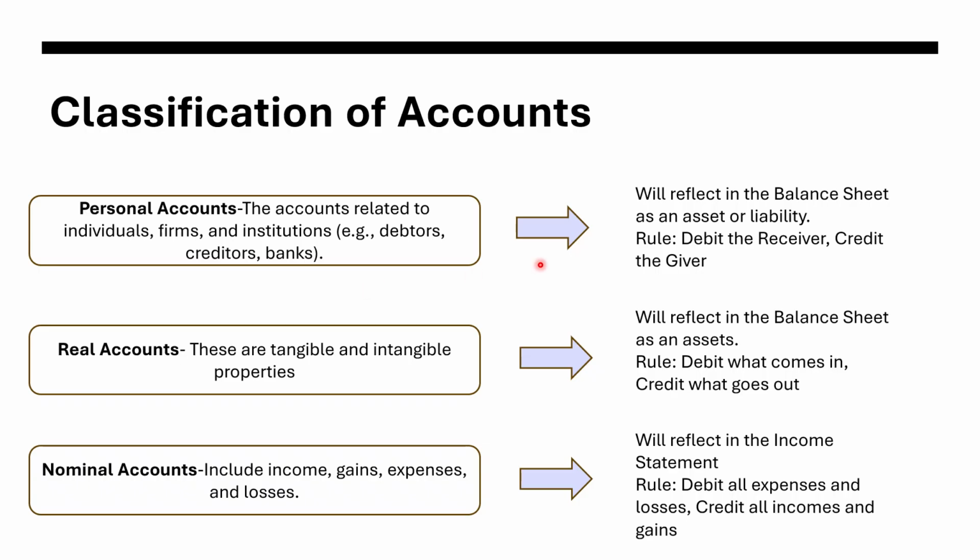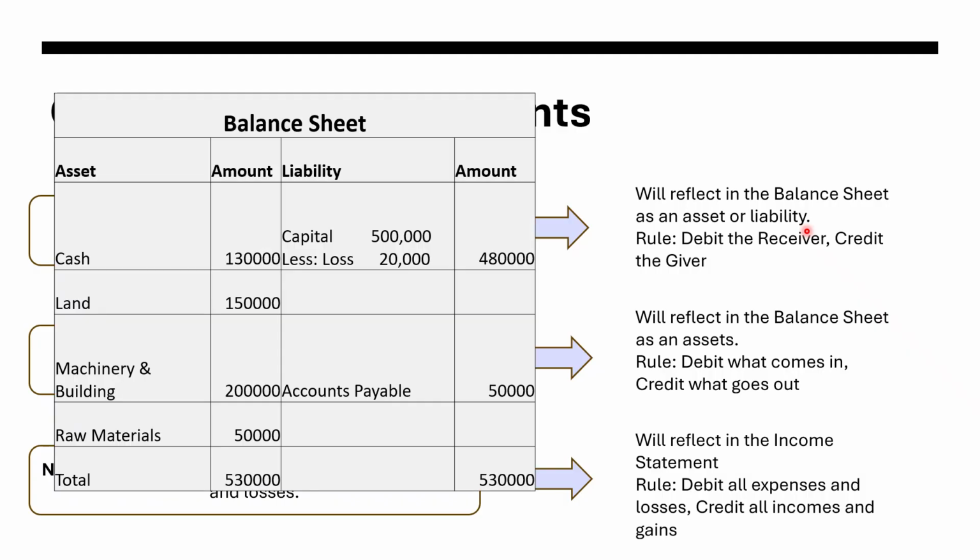And personal accounts will reflect in the balance sheet either as an asset or as a liability. So if you see our balance sheet here, we covered two types of personal accounts. One is accounts payable, when Clue purchased raw materials on credit. Then there's the capital contribution by the owner, that is also a personal account.